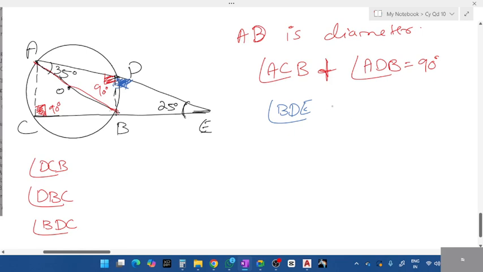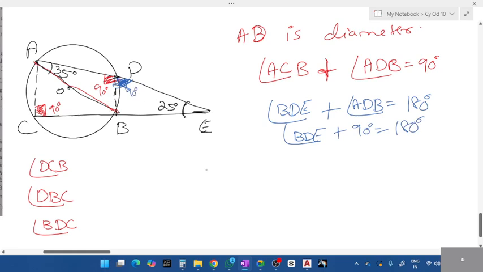What is angle BDE? Angle BDE plus angle ADB is equal to 180. No, not 180, Ivania. 90, right? Angle BDE plus 90 degrees equals 180.